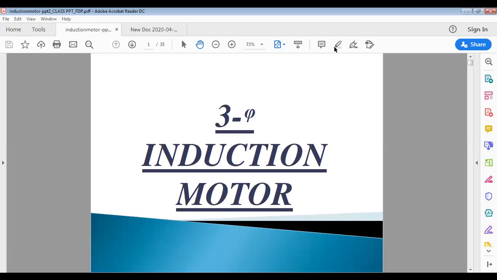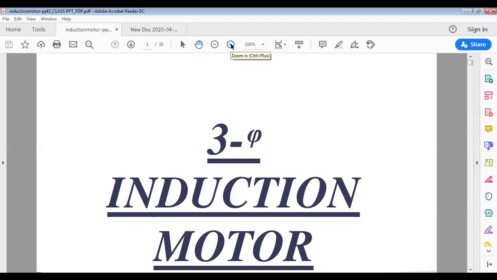In this unit we are going to learn three-phase induction motor in more detail: its construction, working principle, types, the differences between the two types, then its applications, then torque derivation, torque slip characteristics, what we mean by slip, synchronous speed, speed of rotor, and their relationship. Then power flow diagram of three-phase induction motor.